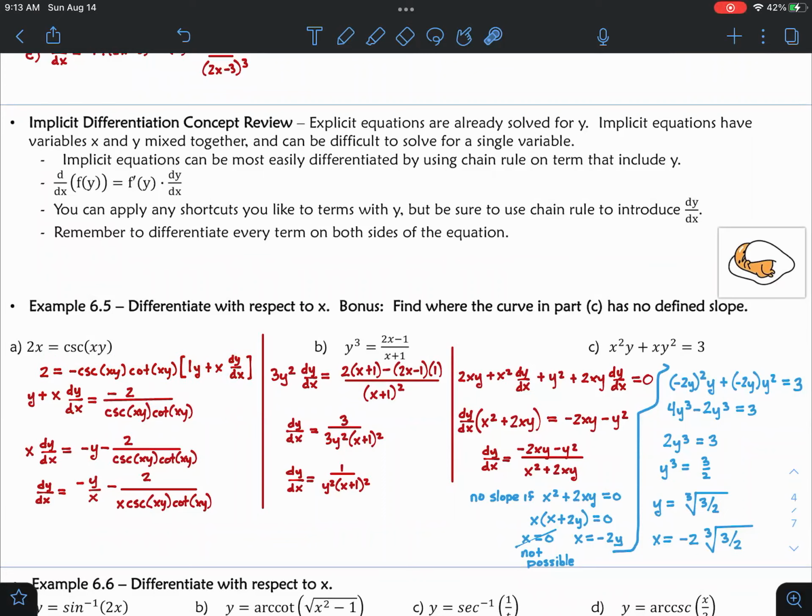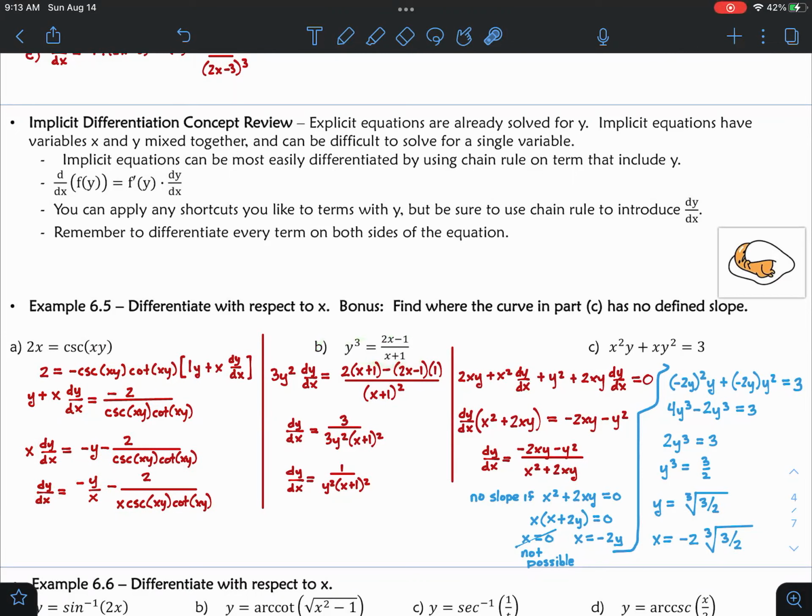In this case, I'll start by getting just the rightmost grouping by itself. Easy to do if I divide all this other junk to the other side. Then I subtract y from both sides. That's a separate term being subtracted on the right. I divide everything by x. Divide, divide, divide. And there's an answer solved for dy/dx.